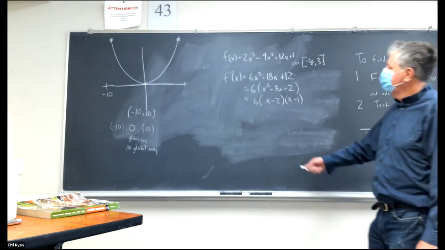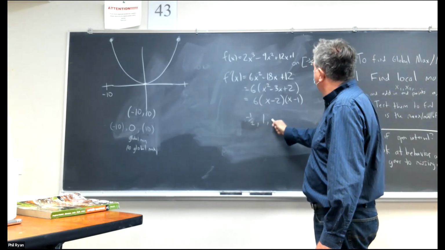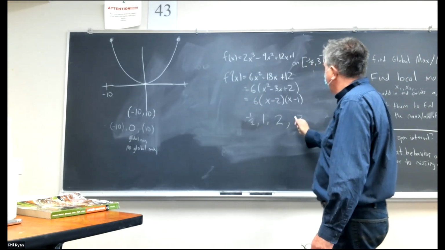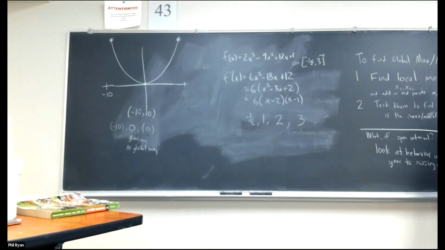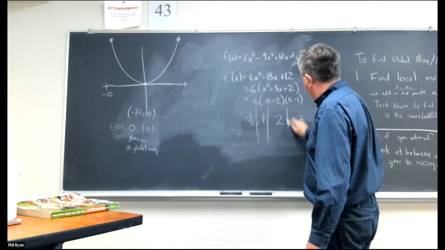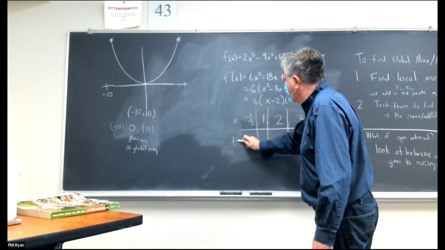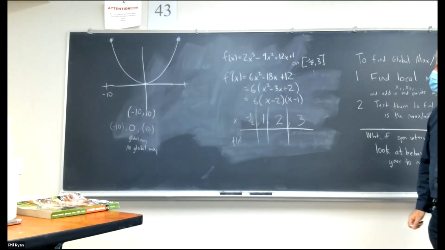2 and 1. So we have to test -1/2, 1, 2, and 3. So now we test them. So here's our x. So we just make ourselves a little table.